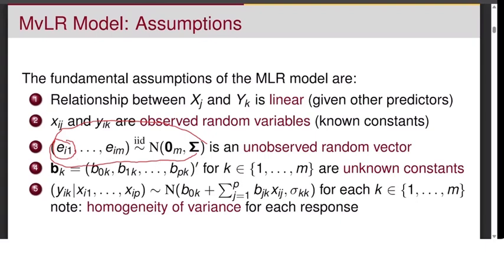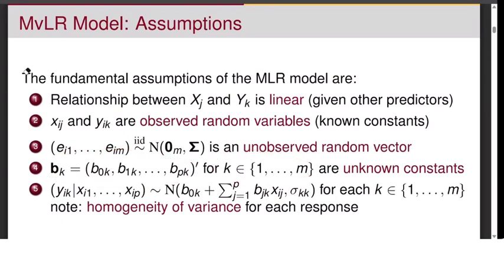If I have a b_k, this is for a particular parameter, for a particular response. For each response, you're going to have an intercept and slopes. So for k from 1 to m, which means you have m responses, you're going to have a set of these. I just wanted you to understand that.